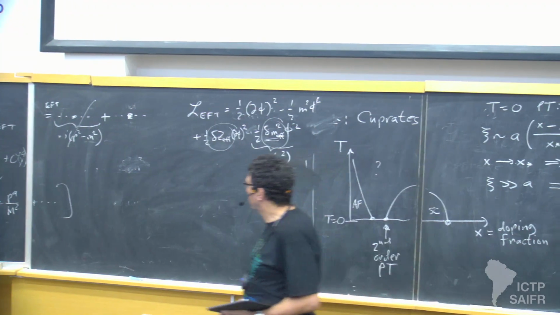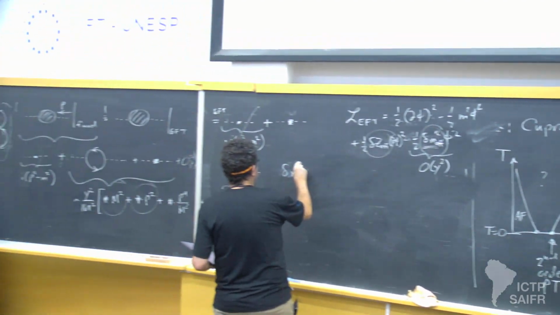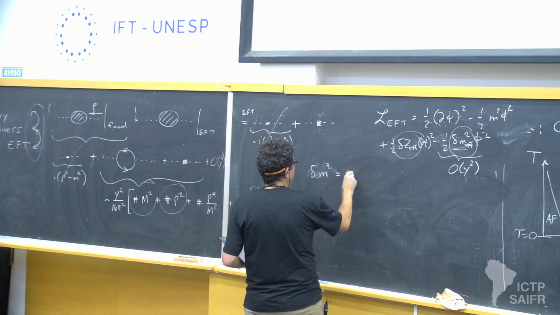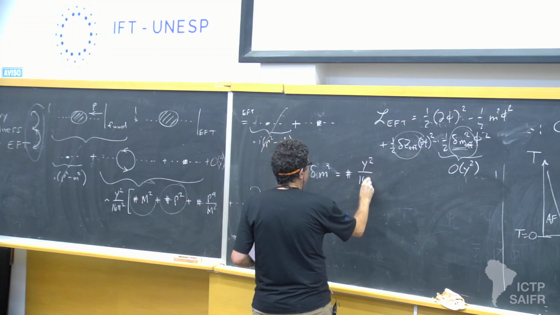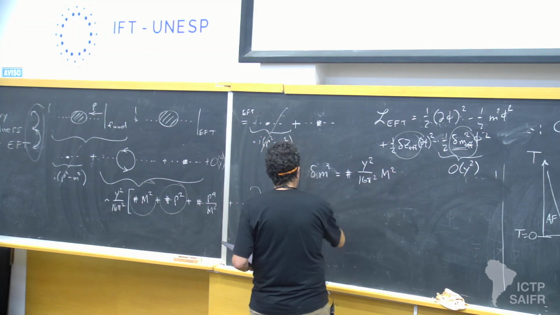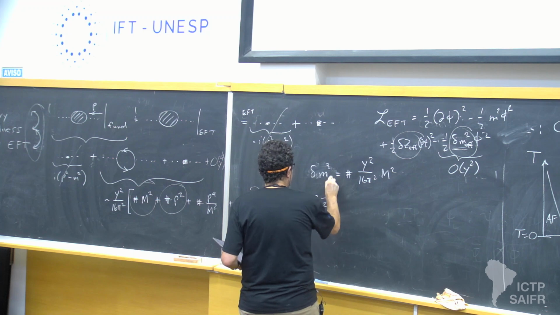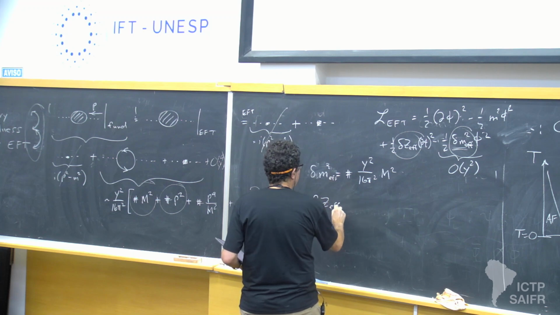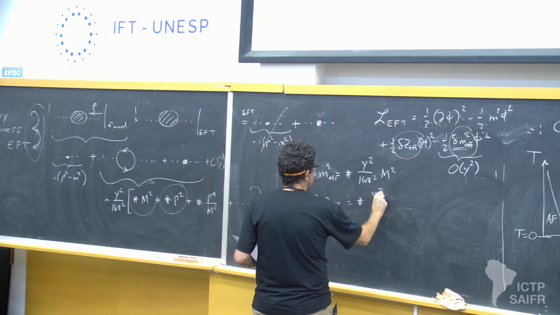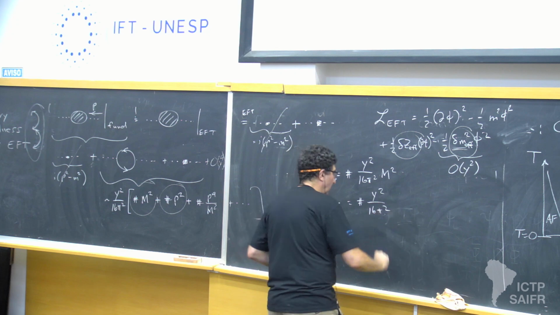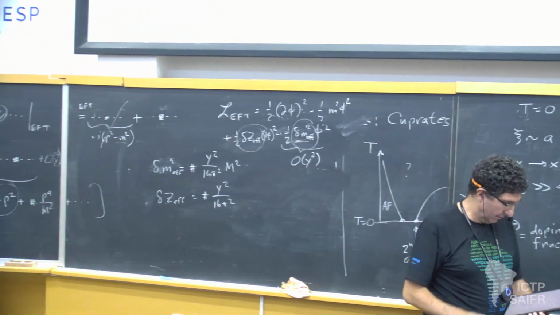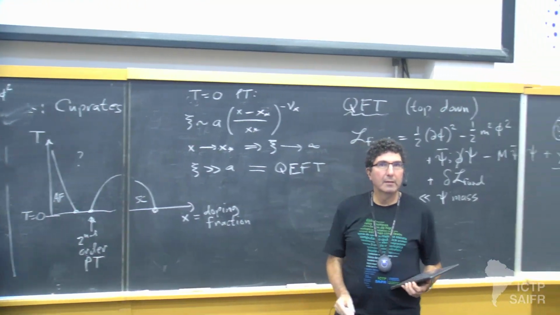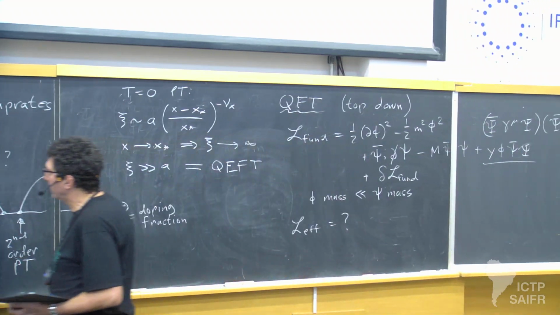So delta m squared is equal to some number times y squared over 16 pi squared capital M squared, and delta z effective is equal to just some number times y squared over 16 pi squared. Makes sense? Okay, so now here's the point.